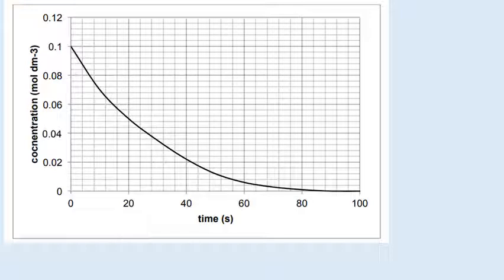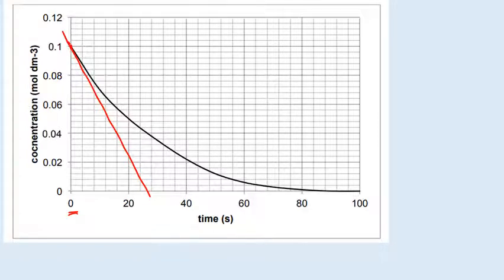Now, if I want to determine the rate at time equals 0, what I need to do is draw a tangent at this point. It must touch the line at time equals 0. I'm drawing a nice straight line.